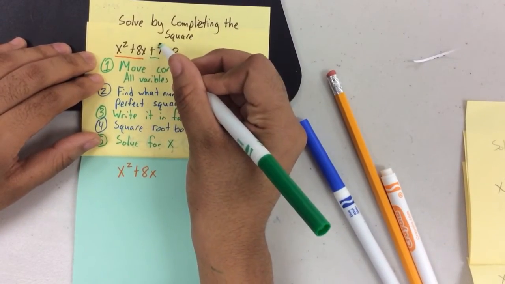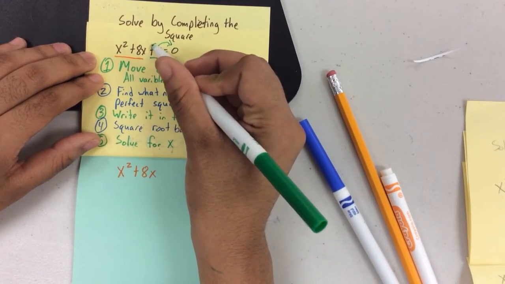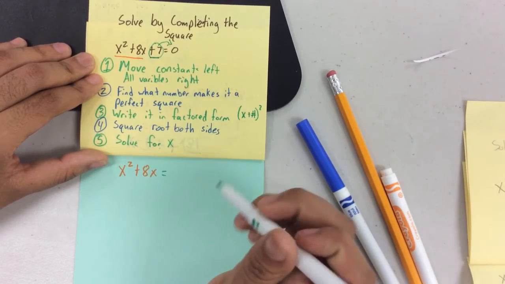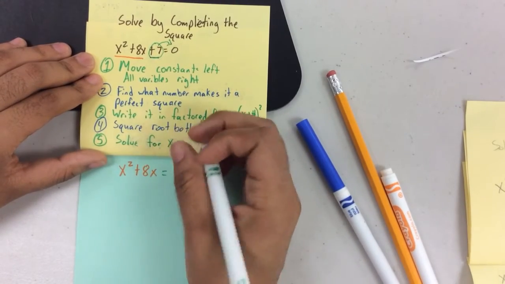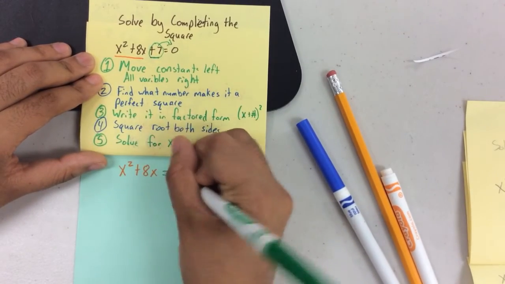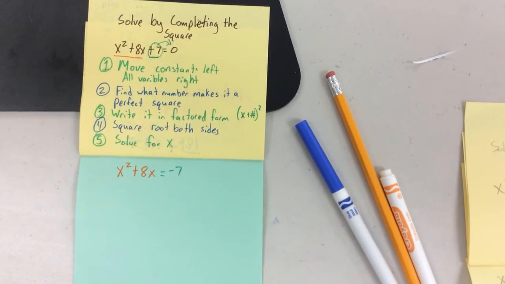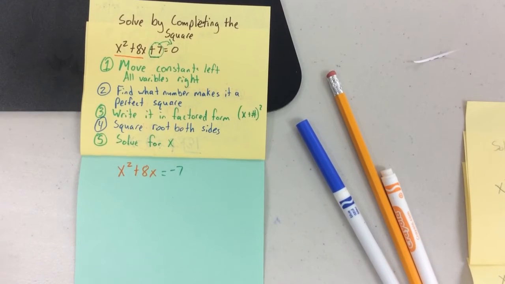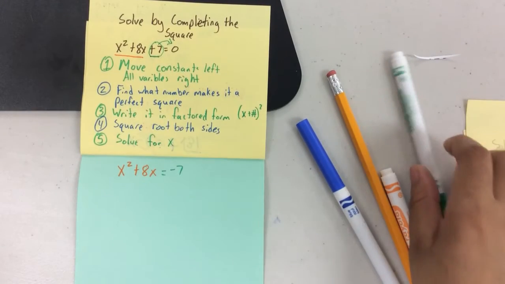That needs to move over. So when I move that over, instead of it being a positive 7, it's going to be a negative 7. So that's the first step.